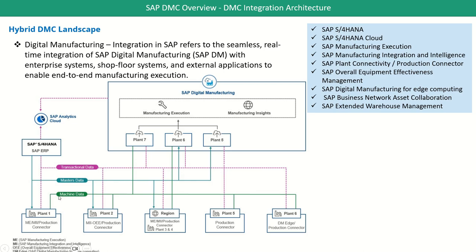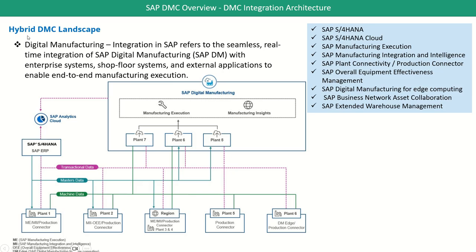Machine integration: you can see we can do the integration to the on-premise as well as to the cloud. Similarly, the production connector will be connected to the on-premise plant, and we can even connect to the plant that is available on Digital Manufacturing on cloud.